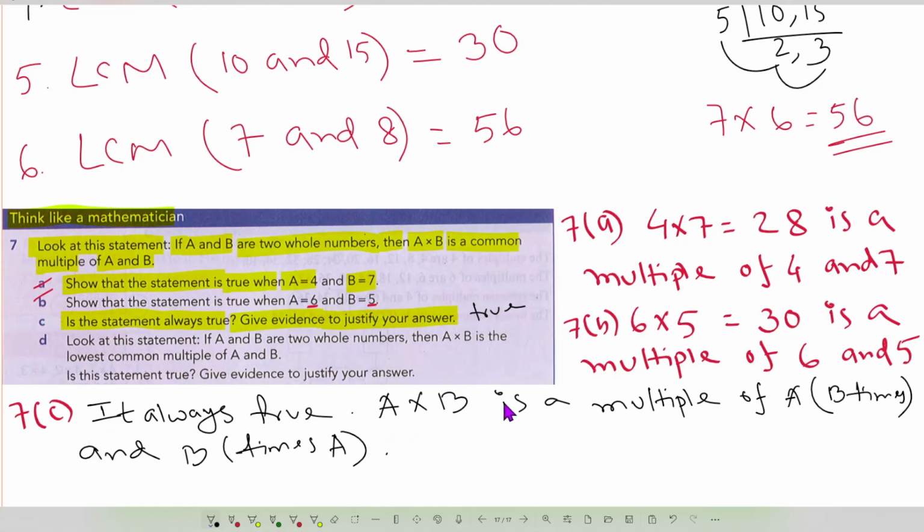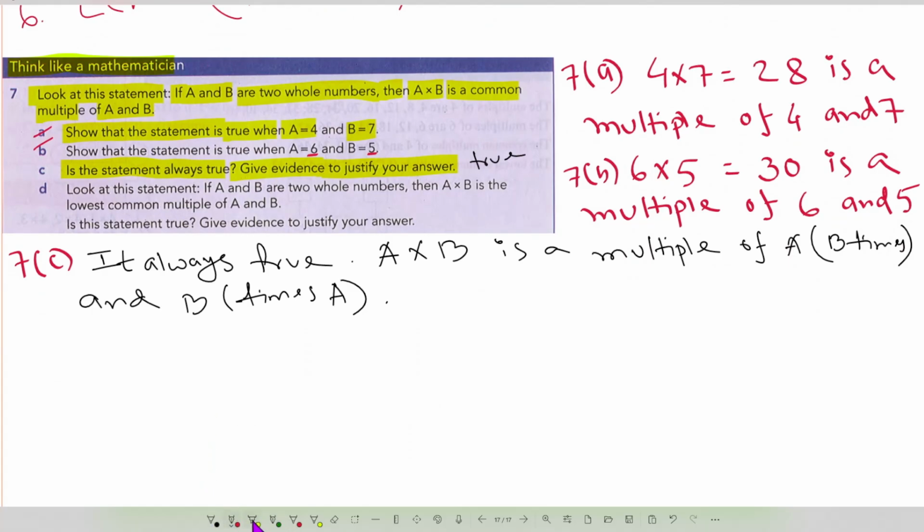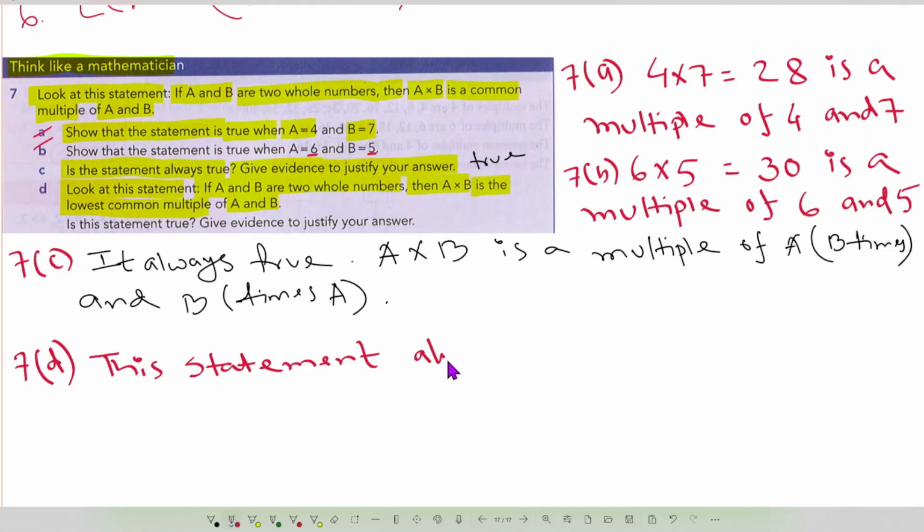Okay? So how about number D? Look at the statement. If A and B are two whole numbers, then A times B is the lowest common multiple of A and B. So 7D, this statement is not true. This statement is not always true, okay?